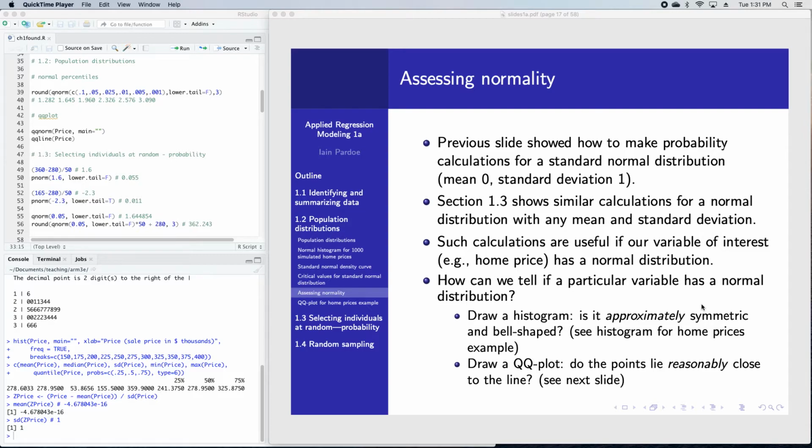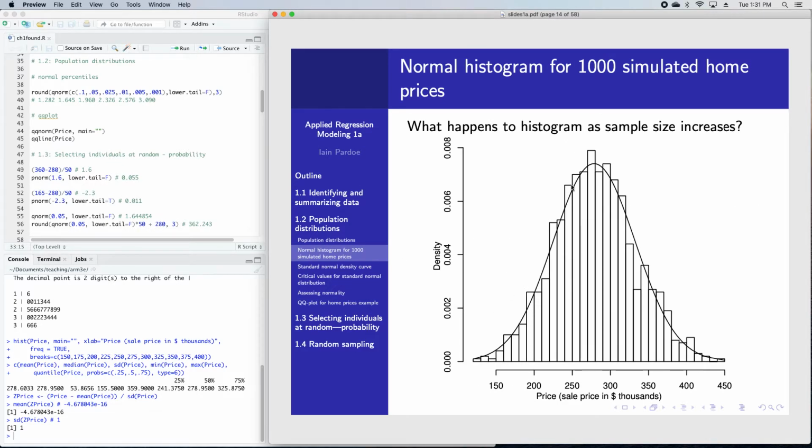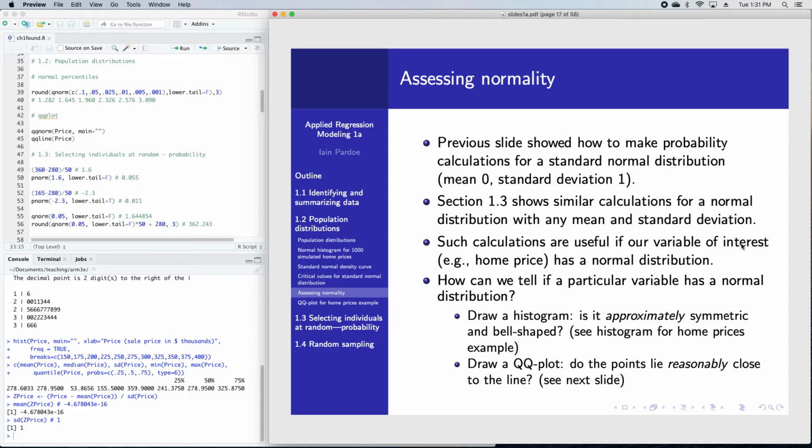One way to do that is to draw a histogram. Remember, we thought about a histogram as representing a normal density curve. So if we look at a histogram of the data, we could ask ourselves, does it look approximately symmetric and bell-shaped? That's one way of graphically assessing normality. It turns out that it's not a super reliable way because there's a little bit of arbitrariness about histograms.